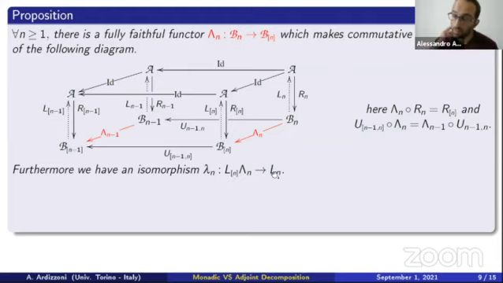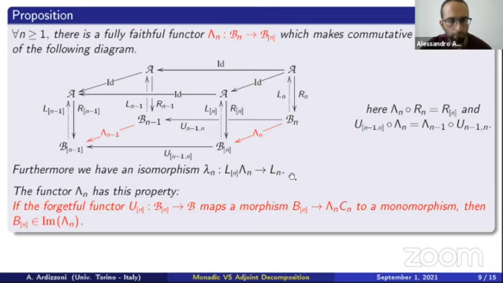But I was saying the main property that will help us in doing what we are trying to do, to define the family of functors gamma, is the following one.